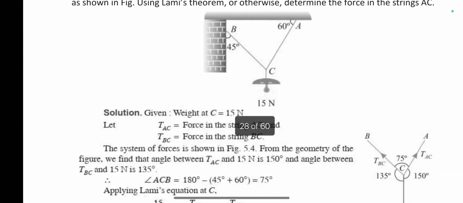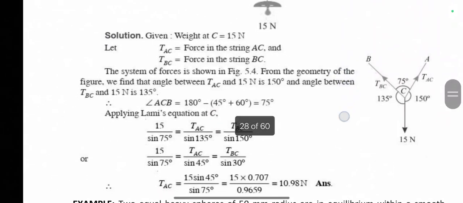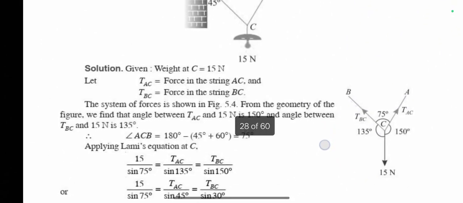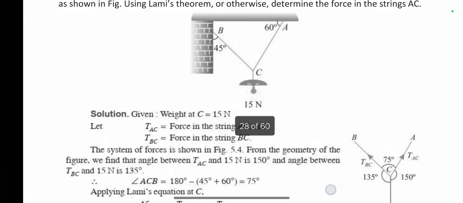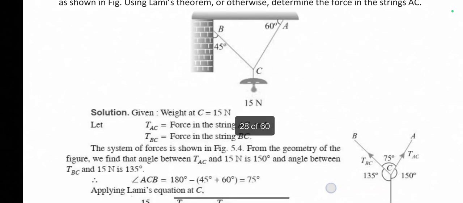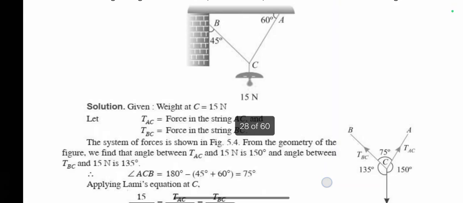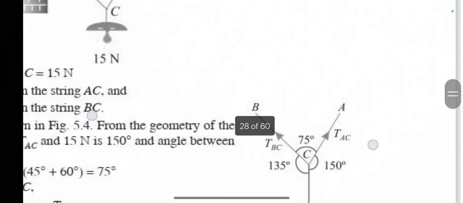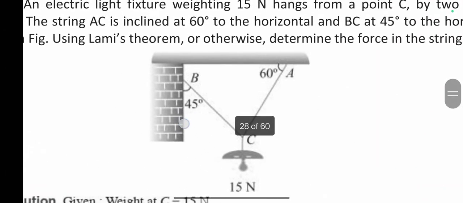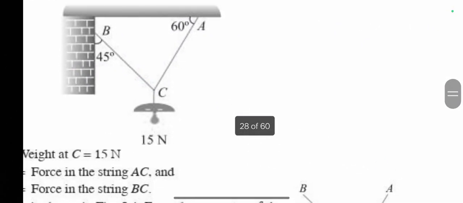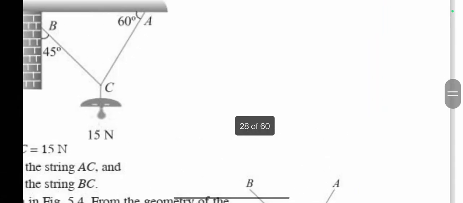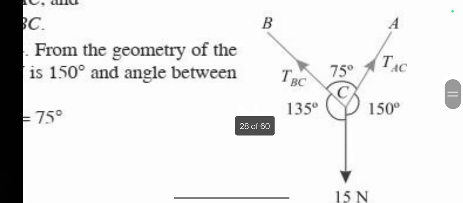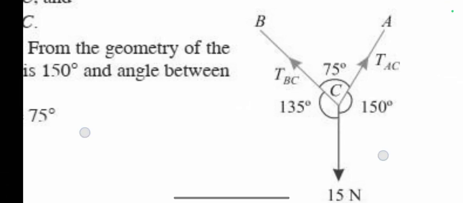From Lami's theorem, 50 divided by sine of the angle between the other two forces is equal to the tension in AC divided by the sine of the angle between B and C, which is equal to the tension in BC divided by the sine of the angle between C and A. To find the angles, here a 45 degree angle is there, so here also 45 degrees will come. Here a 60 degree angle is there, so here also 60 degrees will come. So here it is 150 degrees, here 135 degrees, and between A and B it is 75 degrees.